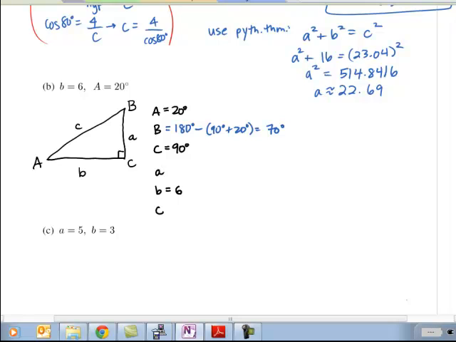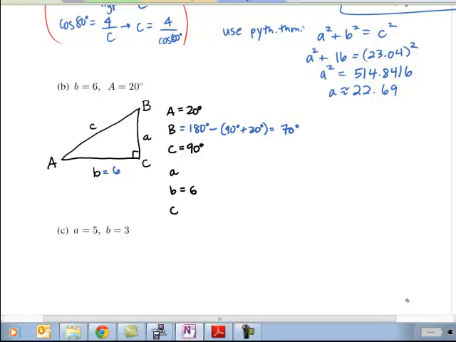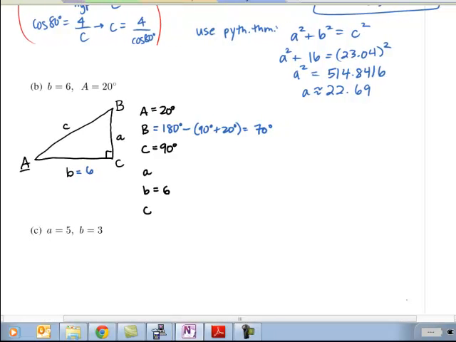And the side we know is this one, that b is 6. So if we want to pick on, let's say, angle A, b is adjacent to A, so we would want to use maybe the cosine function or the tangent function, something that involves the adjacent.